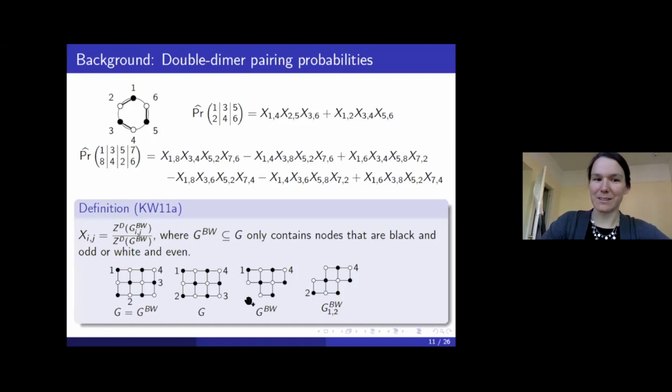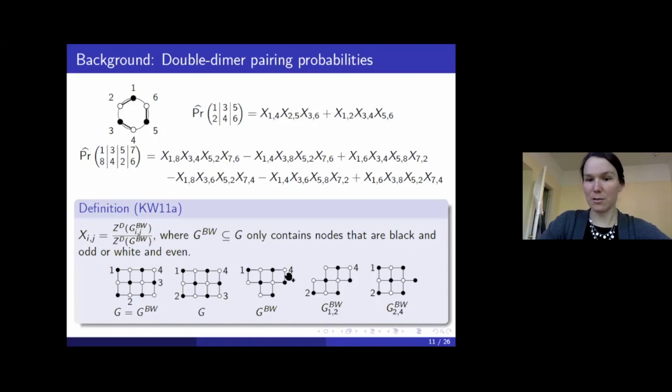Does that make sense? So GBWIJ contains the node I if and only if it's not in GBW. And then just to give another example, GBW24 contains the node 2 because that's not in GBW, but it doesn't contain the node 4 because that is in GBW.